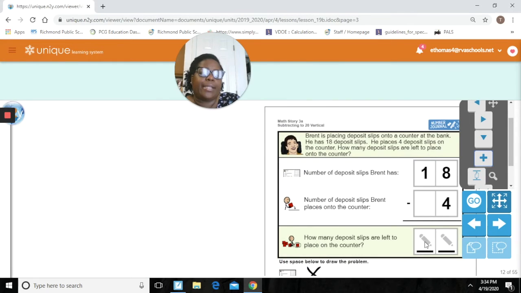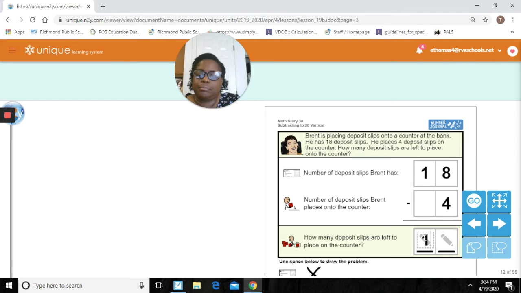So let's type that in. It says how many deposit slips are left to place on the counter? 14. 18 minus 4 equals 14. 18 take away 4 equals 14. All right, good job.